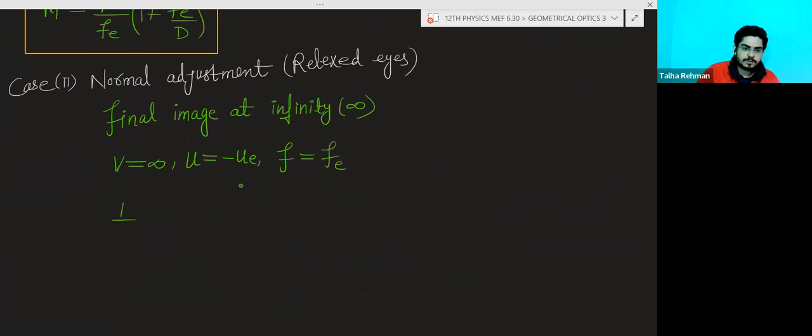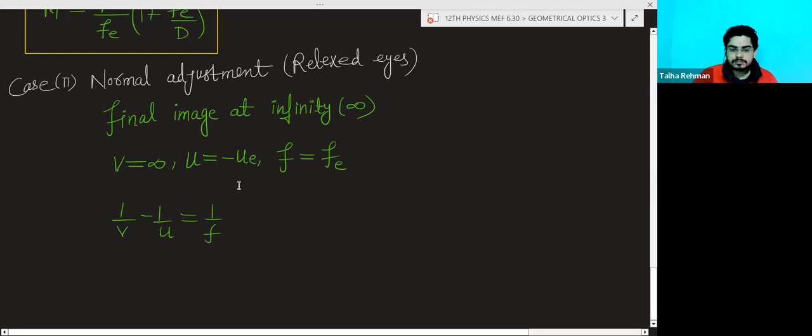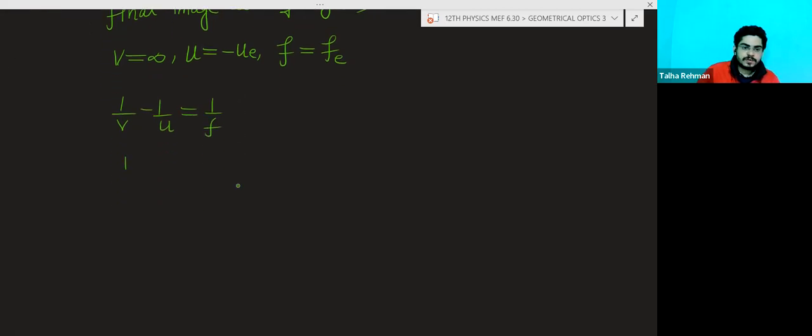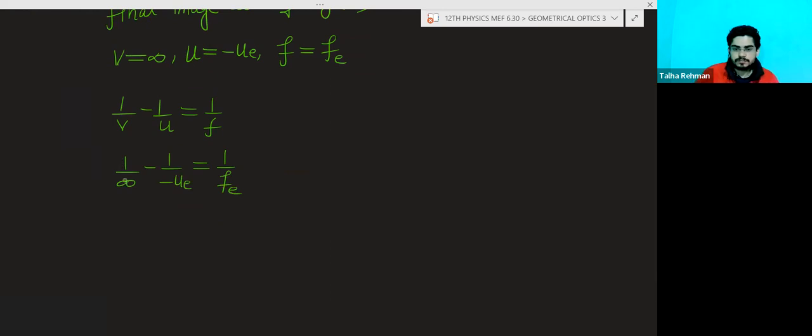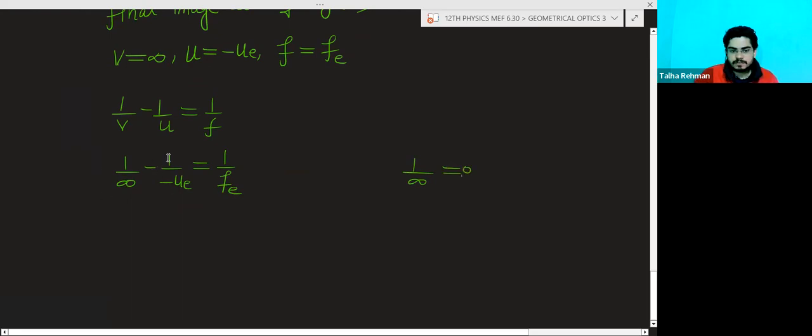You can apply 1 upon V minus 1 upon U is equal to 1 upon F. So it will be 1 upon infinity minus 1 upon minus UE is equal to 1 upon Fe. Now 1 upon infinity is equal to 0, so this will be 0 and minus minus plus, it will be 1 upon UE. You will get 1 upon Fe.